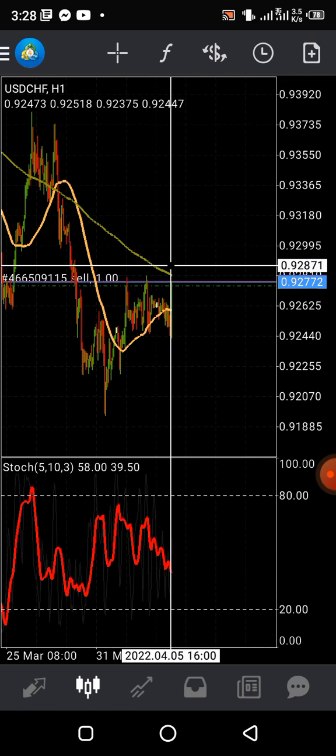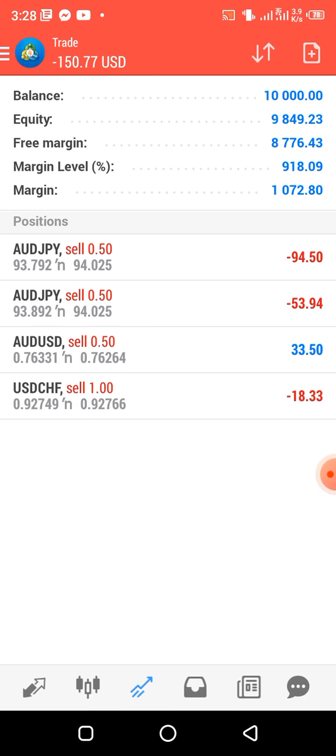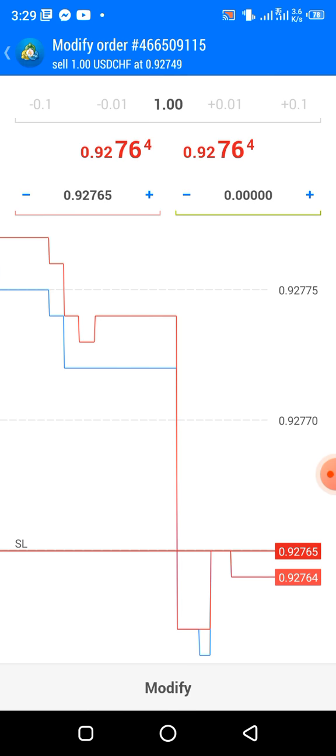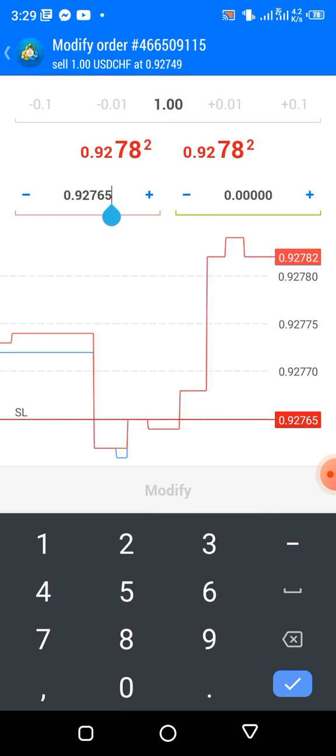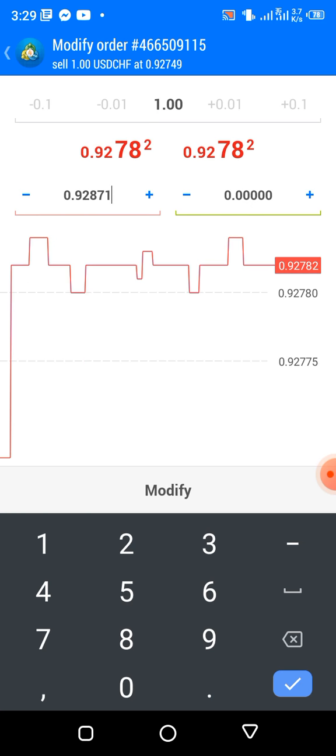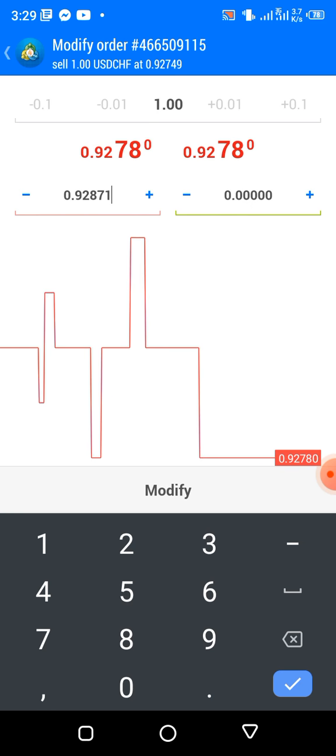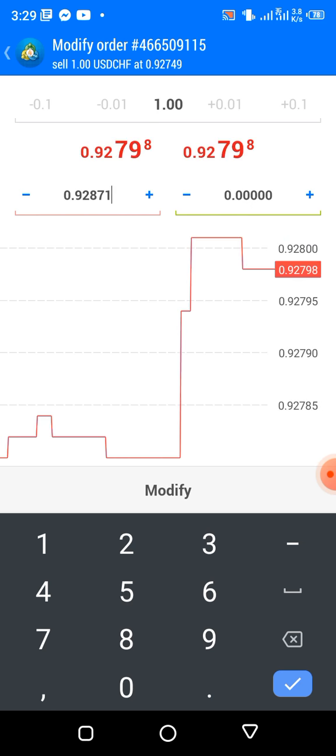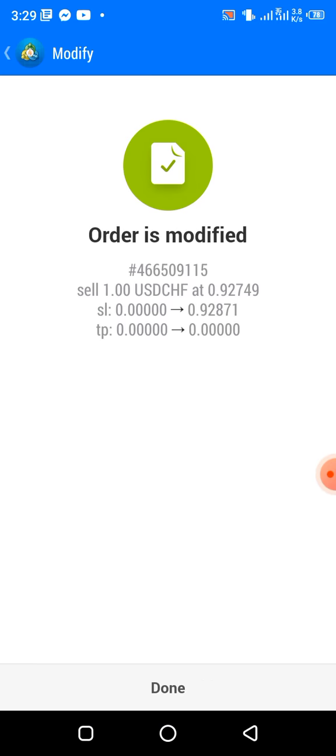This should be around 0.92871. So your stop loss level is the left hand side, and your take profit level is the right hand side here. So I modified that.